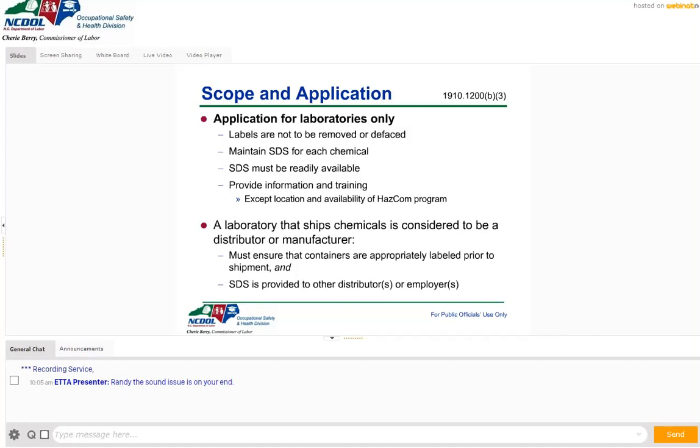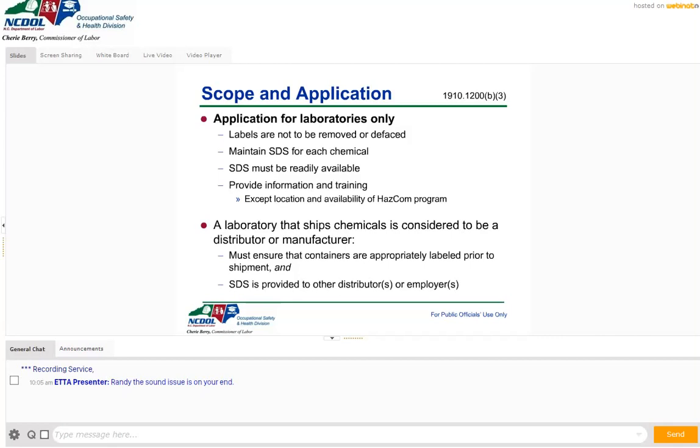So if you're in a regular production support lab, that does not apply to you. If your lab goes beyond production support, does special studies and research, then not only are you going to be required to be covering certain HAZCOM things, but you're going to fall under that other standard.